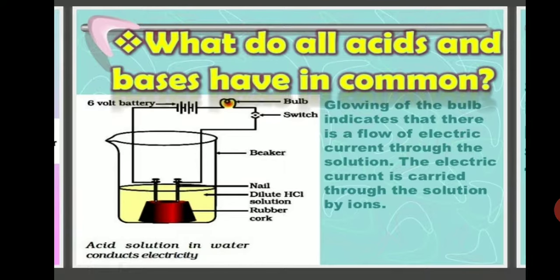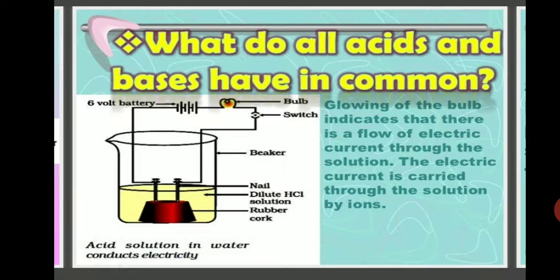All the acids contain hydrogen, and due to the presence of hydrogen ions, when they dissolve in water, they show acidic property. That means the acidic nature of all the acids is due to the presence of H plus ions.